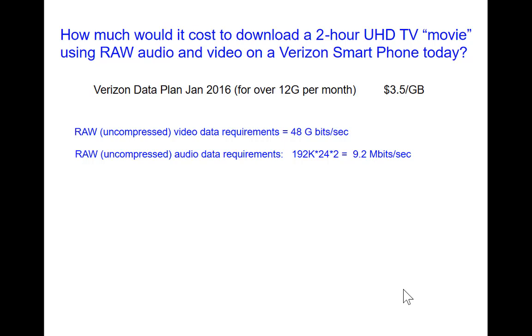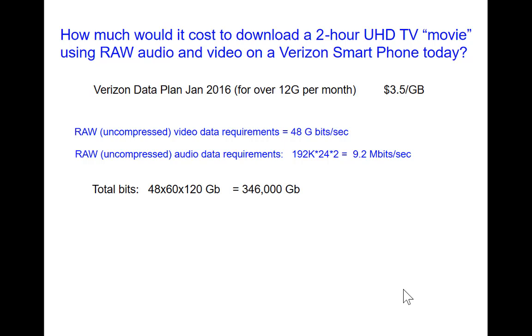If we have a 48 gigabit per second requirement for the video and a 9.2 megabit per second requirement for the audio, the total number of bits required is we add these two together and then multiply by 120 minutes. And that is 346,000 gigabits of data that are required.